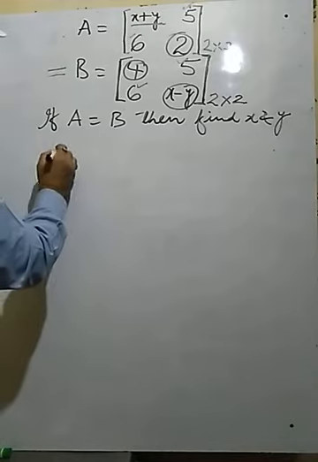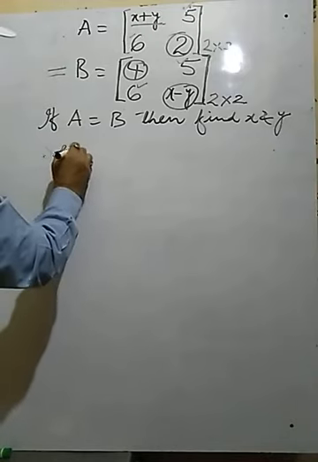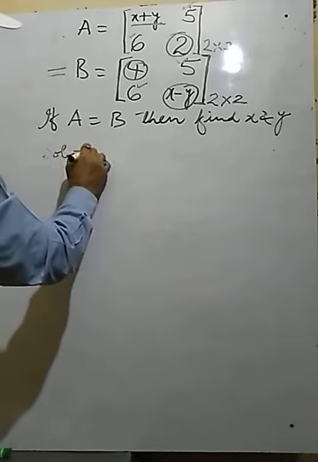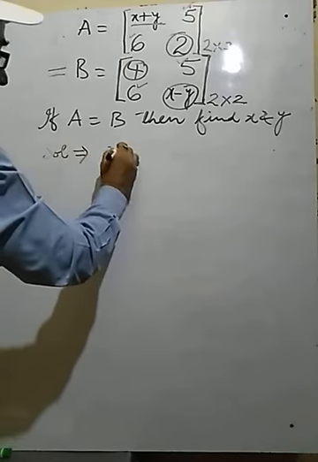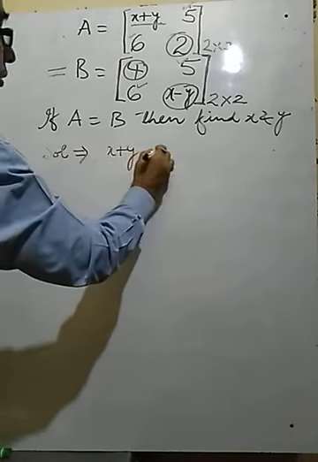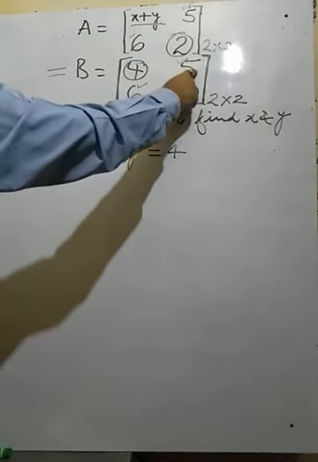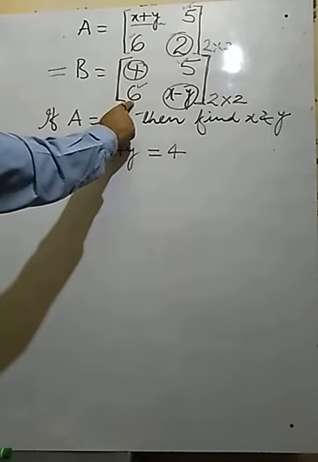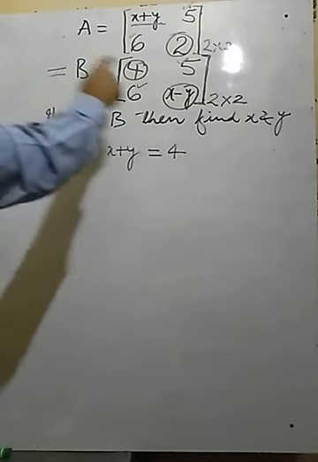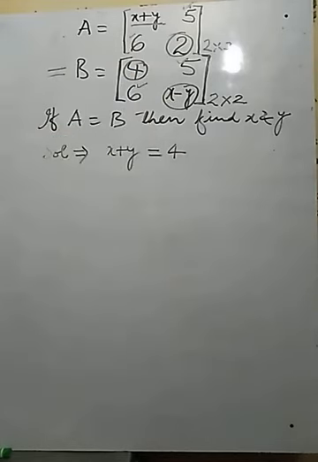So this implies x plus y equals 4. Corresponding means this one is corresponding to this one, this one to this one, this one to this one, and this one to this one. So corresponding elements must be equal.